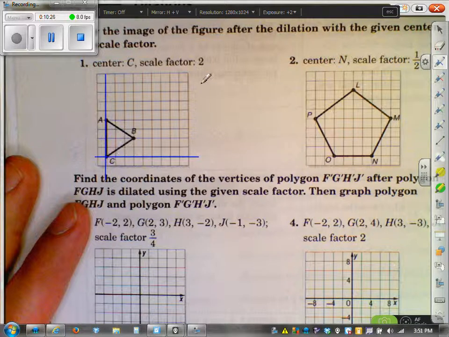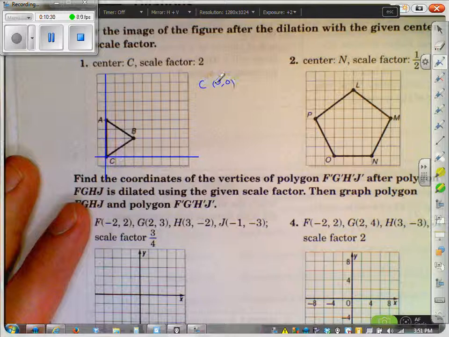Well, C is at 0, 0. So when we multiply those coordinates by 2, C prime stays 0, 0. B, on the other hand, is at 3, 2. And we're going to multiply those by 2.